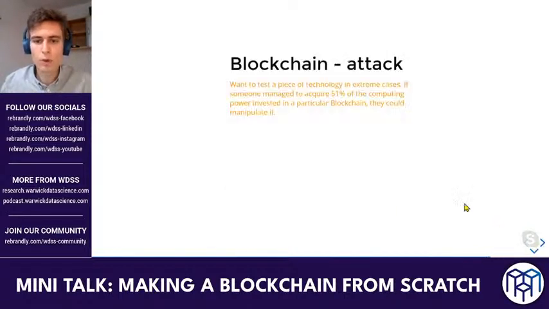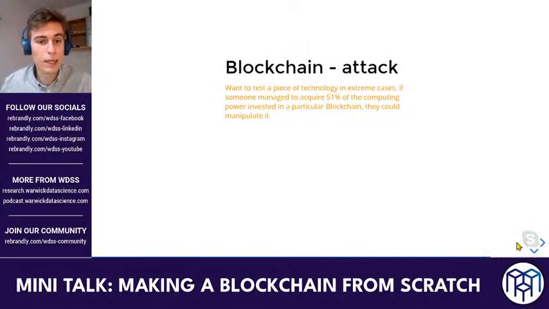So I'm going to explain how you can attack such a data structure. We're relying on computational power. Imagine that having more computational power is like having more votes, buying votes, if you wish. That's not ethical though, but here you can acquire as much computational power as you are able to.